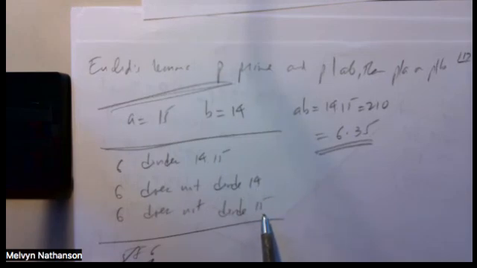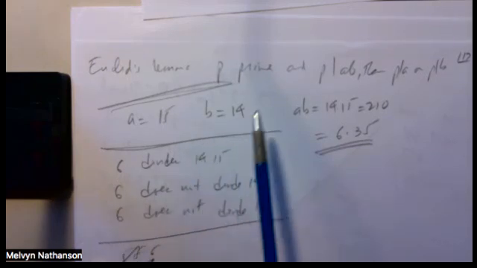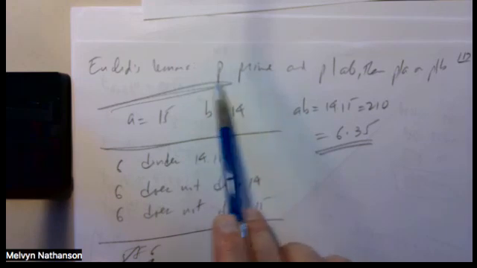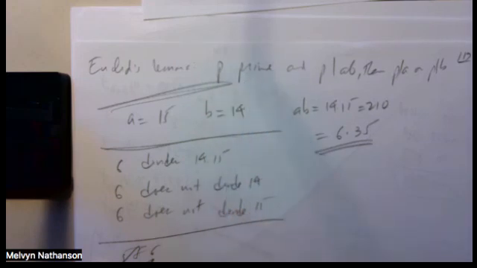And the reason for that is because 6 is not a prime. 6 is composite. So Euclid's lemma is a statement that applies only to prime numbers, not to composite. Okay. Any questions about this?